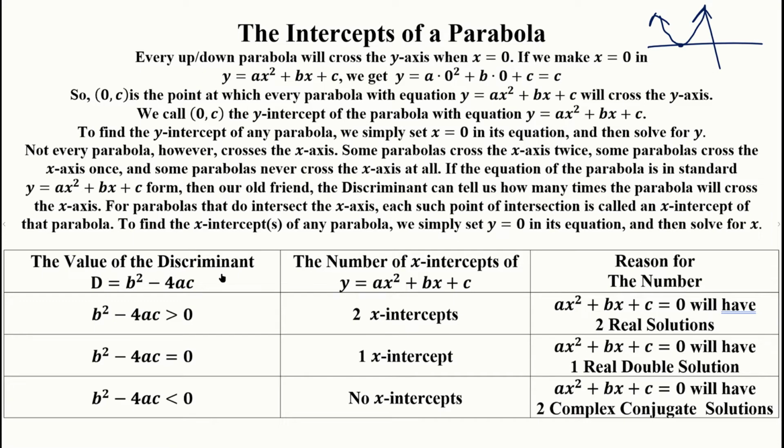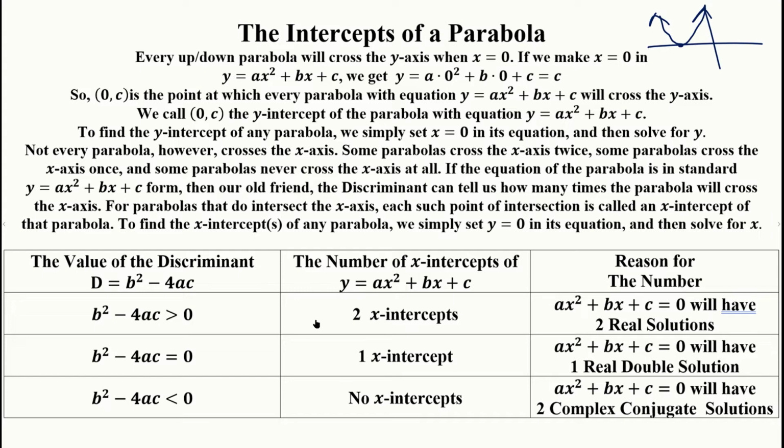Now, here's how the discriminant can help us. Once you calculate the discriminant, if it's positive, you're going to have two x-intercepts, because the equation associated with setting this right part equal to 0 is going to have two real roots.